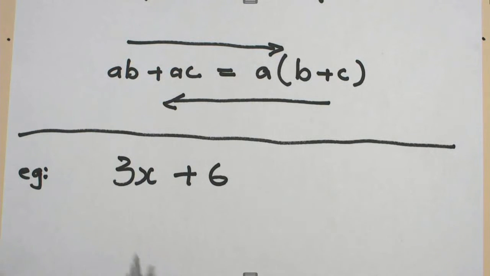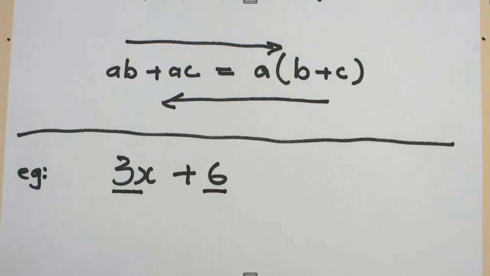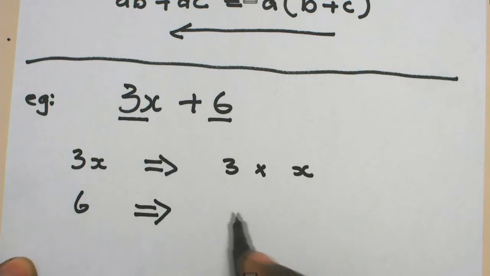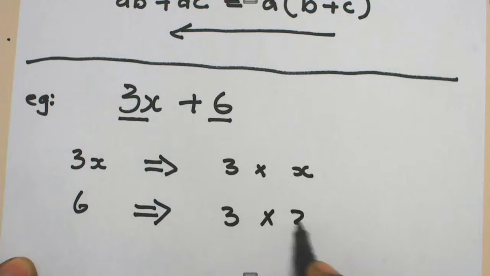The factors of 3x are 3 multiplied by x. And the factors of 6 are 3 by 2.